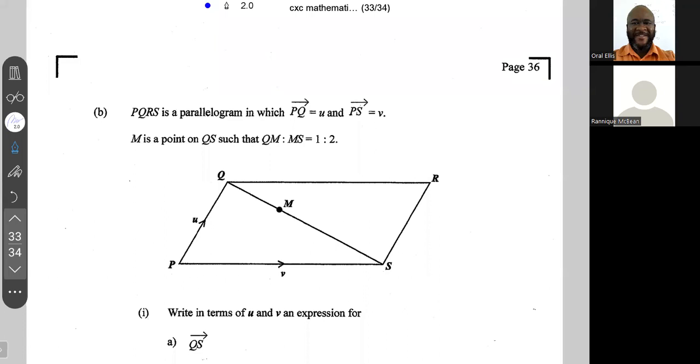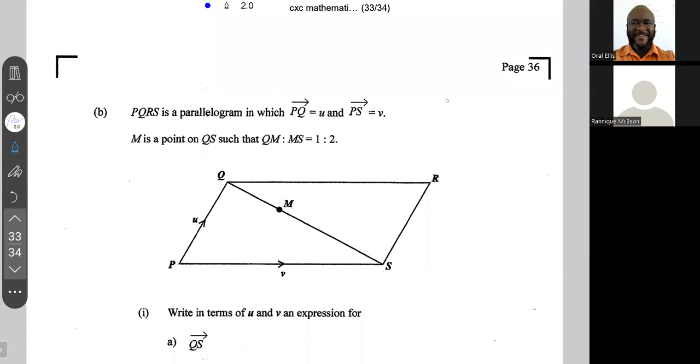All right, so now we're at the B part of the question, and we're told that PQRS is a parallelogram in which PQ is the vector U, PS is the vector V, and M is on QS such that the ratio of QM to MS is 1 to 2.